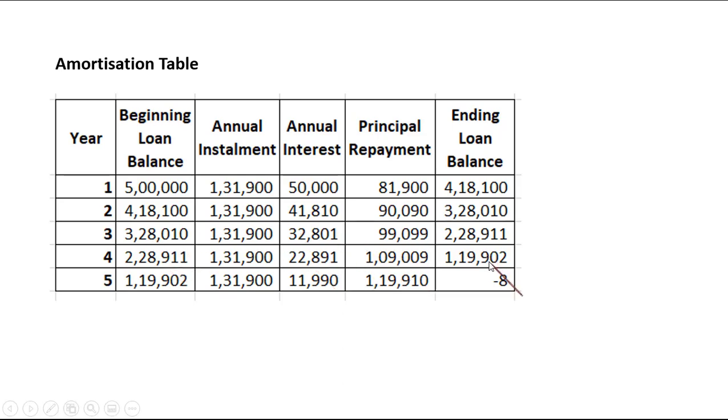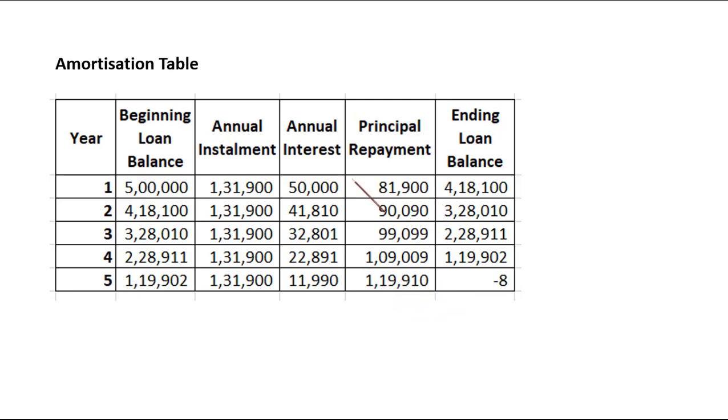This minus this gives us this. And finally, for year 5, the beginning loan balance was 1,19,902, out of which the annual installment of 131,900 was paid. So interest was calculated on this. Remember, we have rounded off to the nearest integer, and subtracting the numbers, we get a principal repayment of 119,910. So in the final year, we paid a principal of 1,19,000.